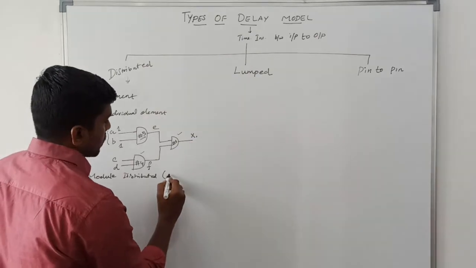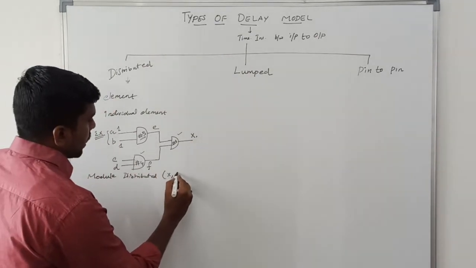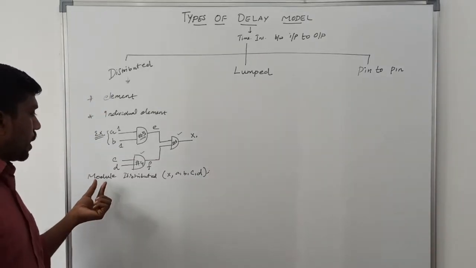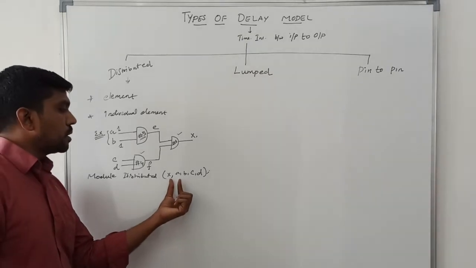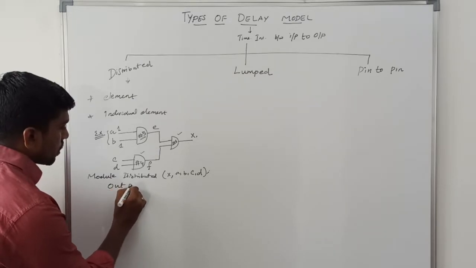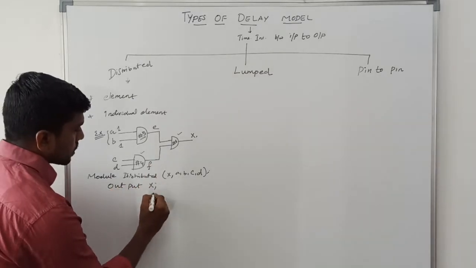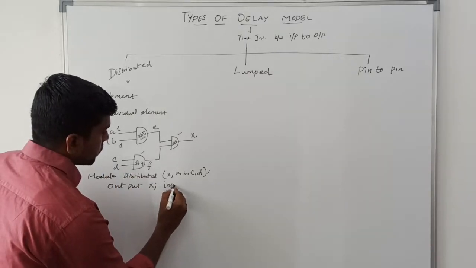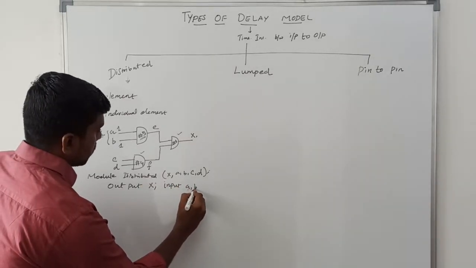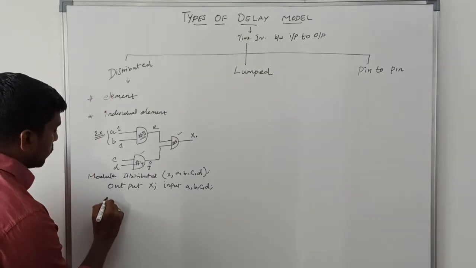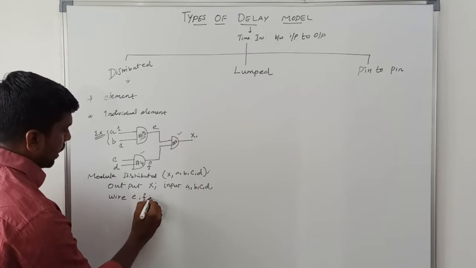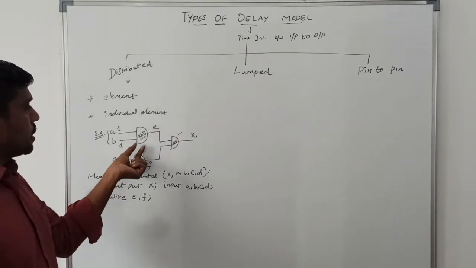Here the output is X and the inputs are A, B, C, D. Now declare the output, output X, then inputs A, B, C, D. Then wire, declaration of internal nets: wire E, F.